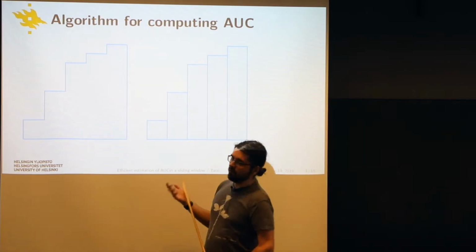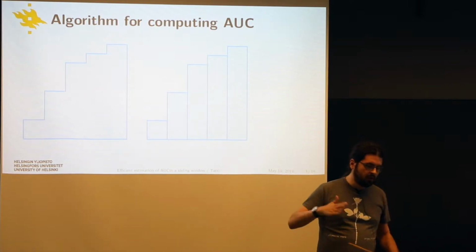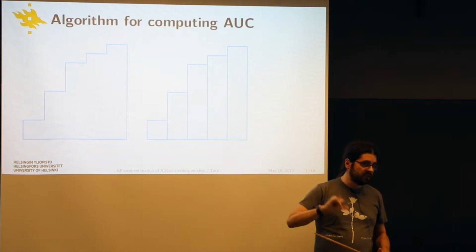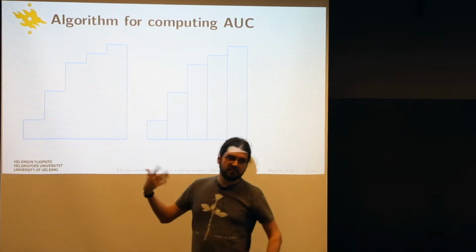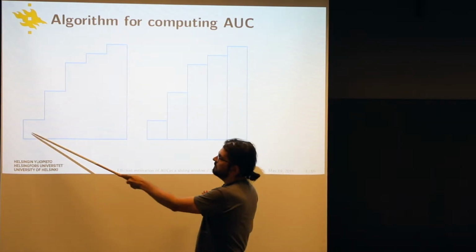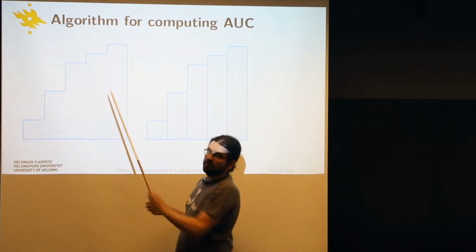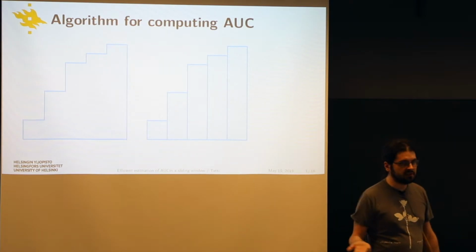An ideal classifier would have a threshold such that all the values above that threshold are equal to 1, and all the values below that threshold are equal to 0. So ideally, you want to be right at this point. But this is never the case. By varying the threshold, you get some kind of curve. The more you go towards that corner, the better your classifier is.